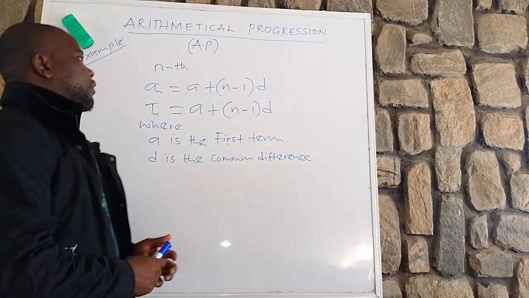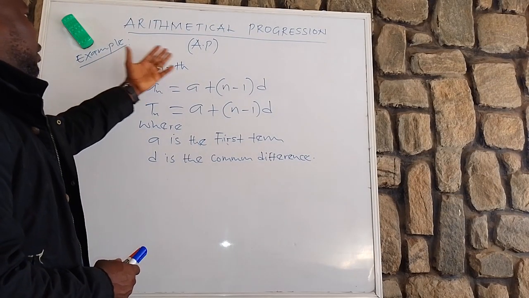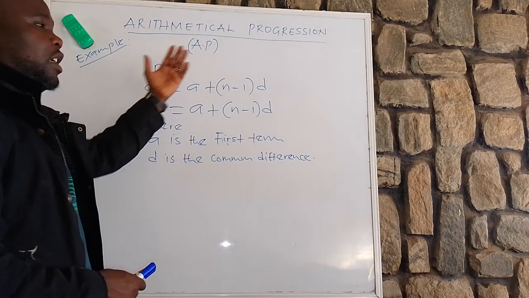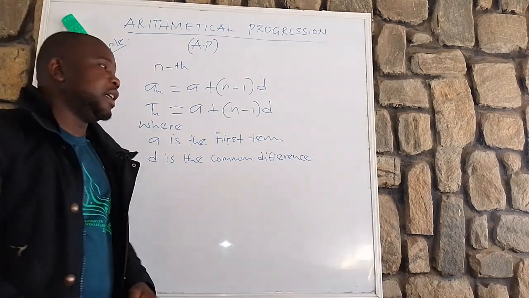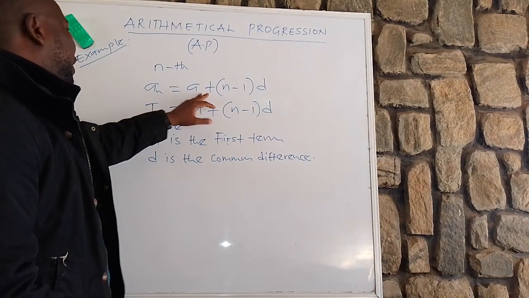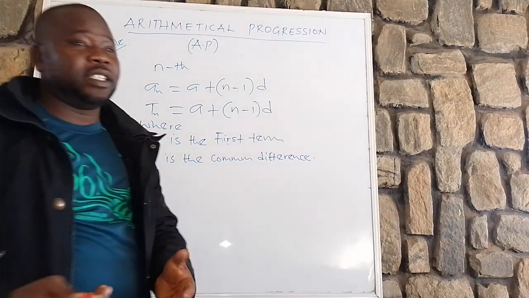That clear? So whenever you come across AP, arithmetic progression questions, what you will first consider is this formula. Either you make use of this or this, they are all the same thing.